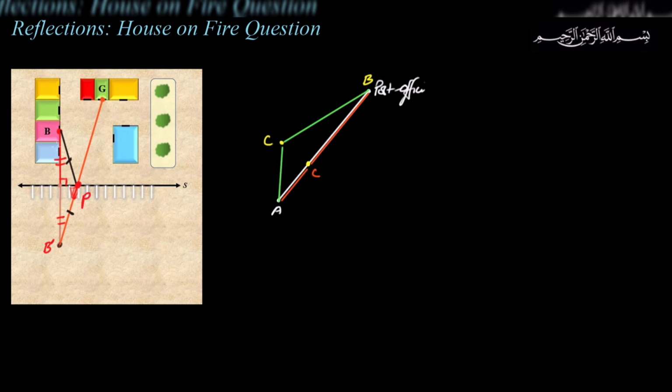Now, by the time you go over here and measure the distance and reflect it upon B prime, and then park your car over there and then go over there, you probably walked twice as long as you did anyways. It's a pointless exercise in that sense, but it's a good intellectual exercise, and maybe you'll get a few steps in there. So that's how you solve this particular problem.